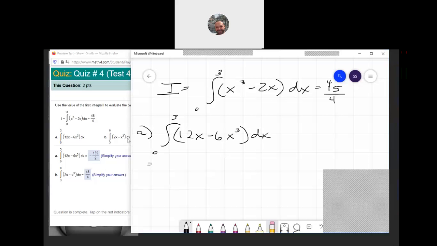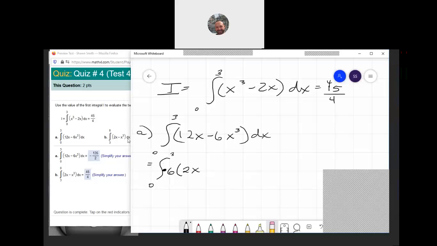Notice you could take something out. If I take out, let's just do the 6. Actually, let me take out -6. -6 times 2x. Actually, let me just keep it +6, sorry.